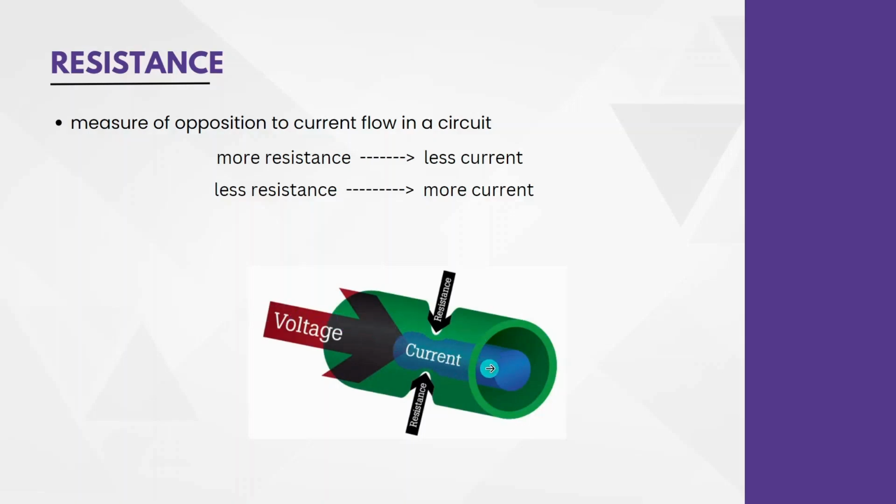Voltage pushes the current and resistance will oppose this flow of current, and that is why there is a small bend over here which indicates that the current is reduced or slowed only at that particular point. So resistance is the measure of opposition to the current flow, and the more the resistance, the less the current, and vice versa.